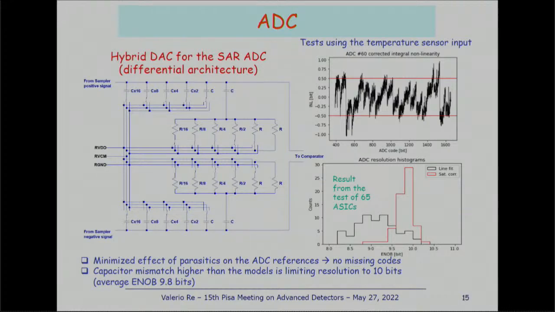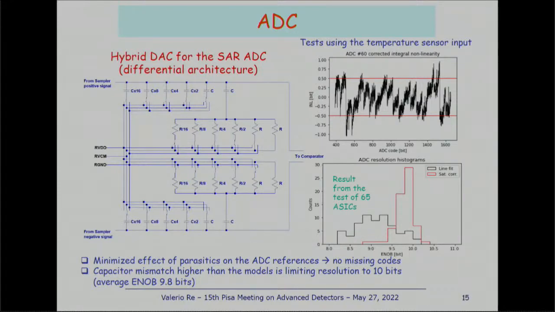And actually, we had some limitation due to a mismatch between capacitors in this DAC that is actually higher than what is provided by the models in the design kit of this technology. This is a 180 nanometer process by TSMC.